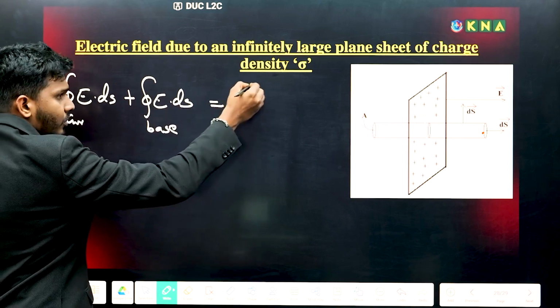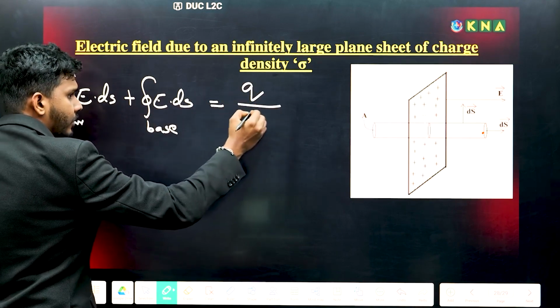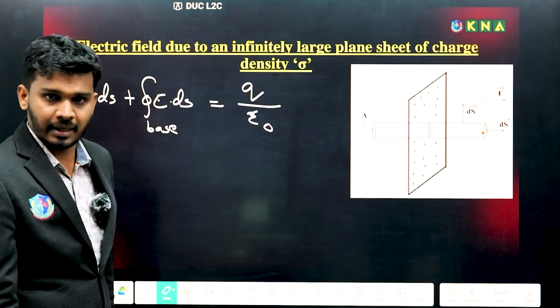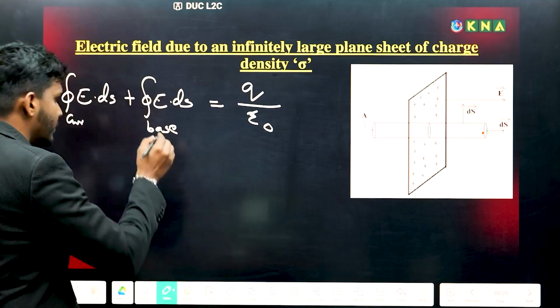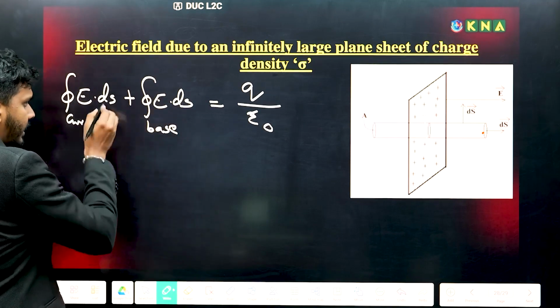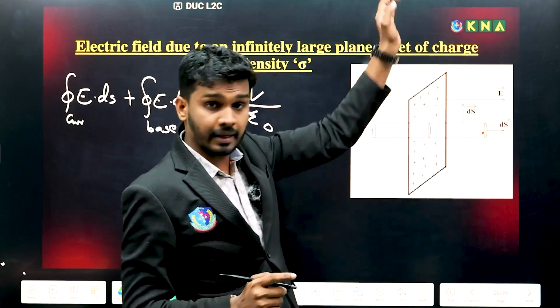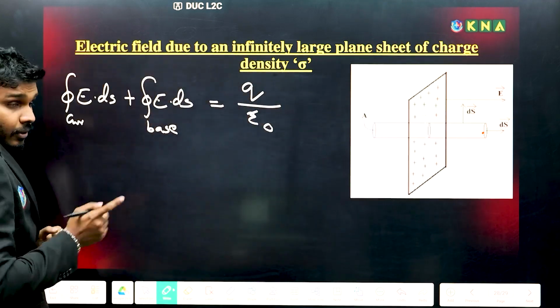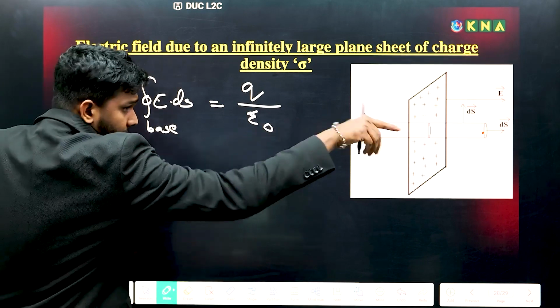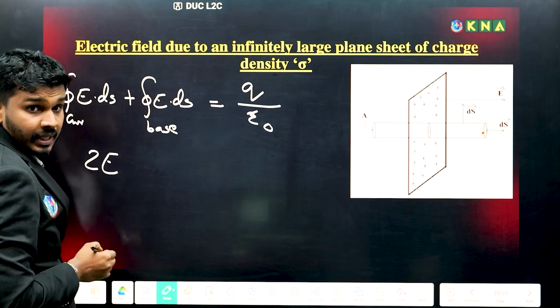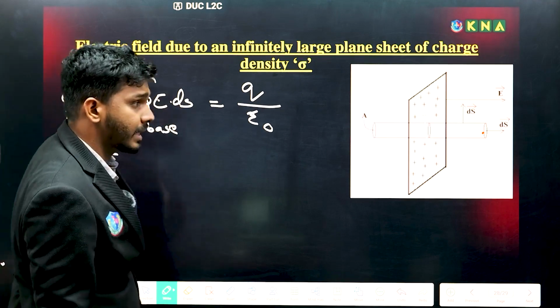There are two base surfaces, giving q by epsilon. Two base surfaces are considered, and for the curved surface the field is perpendicular to dS, so cos 90 becomes 0. So we get 2E into the integral of dS. What is the surface area?